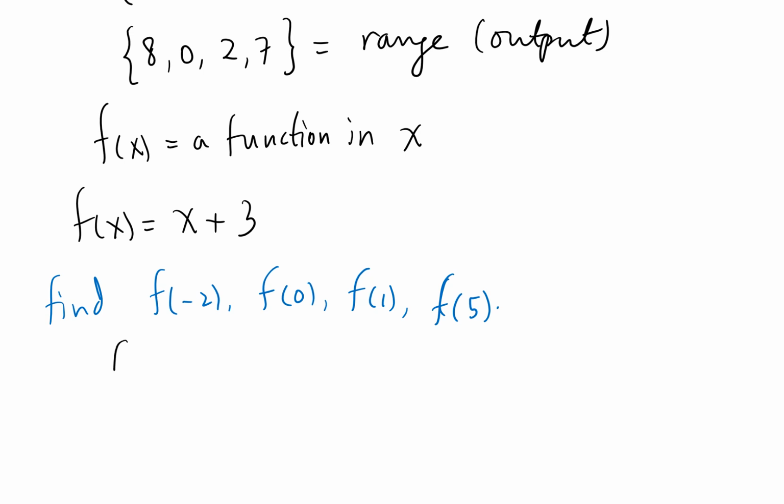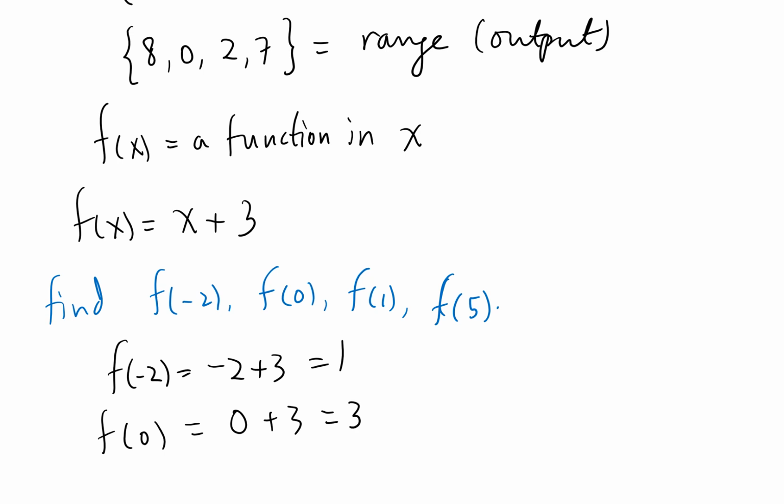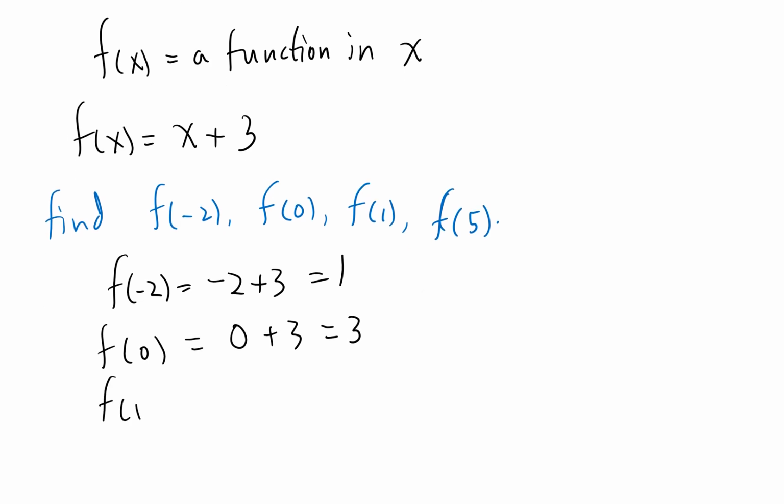How do we do that? Well, f of -2 means I'm just going to substitute -2 for x. F of 0, that's 0 plus 3, which is 3. F of 1, 1 plus 3, 4. F of 5, 5 plus 3, 8.